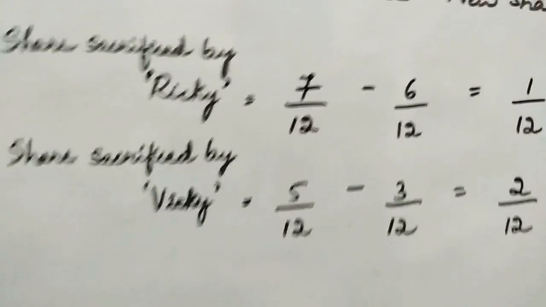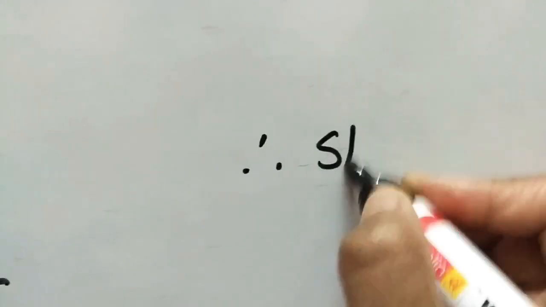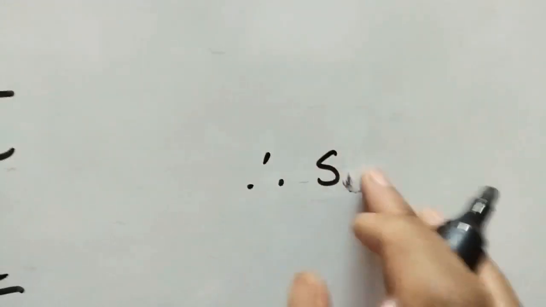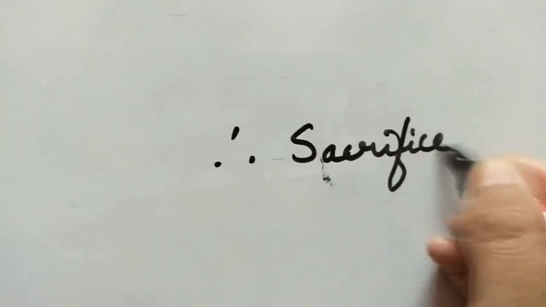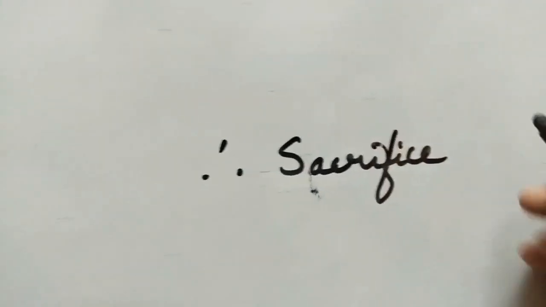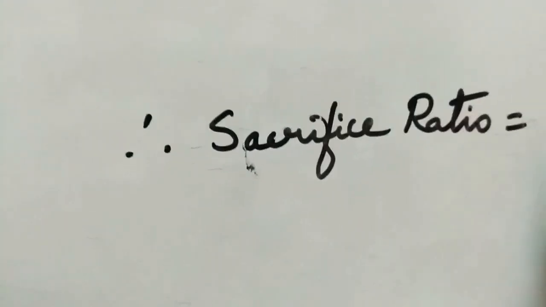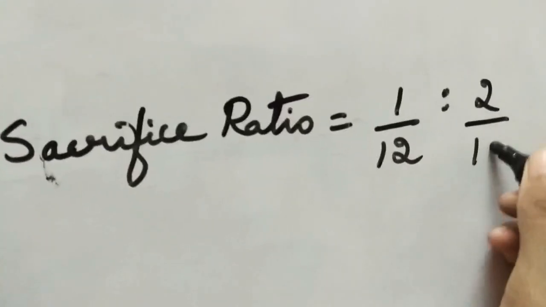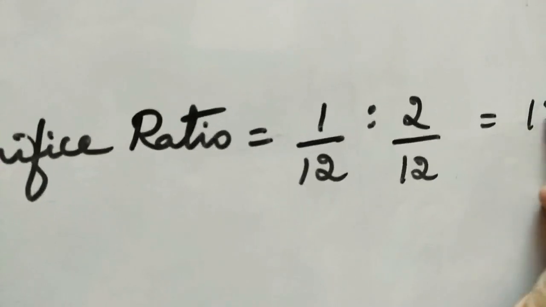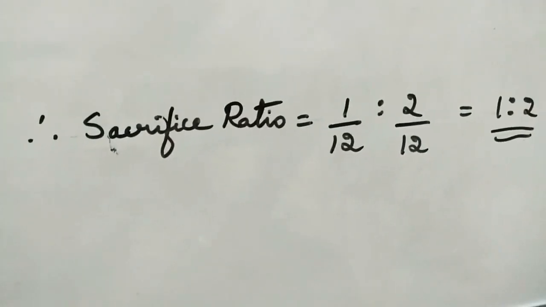So the sacrifice ratio, I'm just going to write it, therefore sacrifice ratio is equal to 1/12 is to 2/12, which gives us 1:2. So the sacrifice ratio is 1:2.